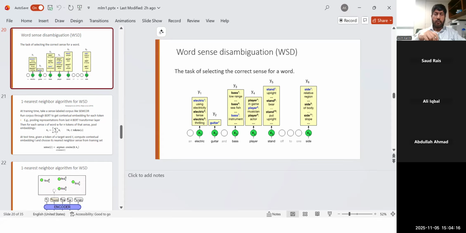It's maybe a part of an application, but that is usually handled internally by the transformers. But let's say आपके पास कोई इसका similar task आता है, you can get representations from your BERT, for example, and then do cosine similarity or nearest neighbor match or any other approach to find embeddings that are similar, which would tell us that these two words have the same sense, or if they are different, then they have different senses.